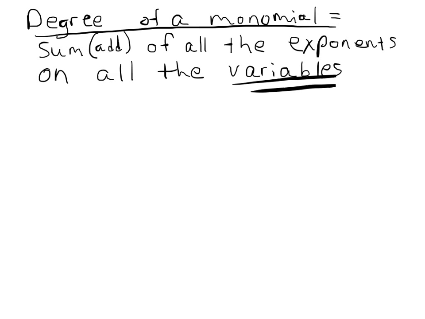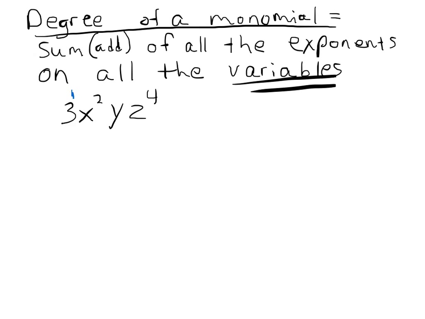So what if you have like 3x squared y z to the 4th? Okay. Well, what are all of the exponents in this? Well, you have actually a hidden 1 right here, right? All numbers have a hidden 1 for an exponent, okay?